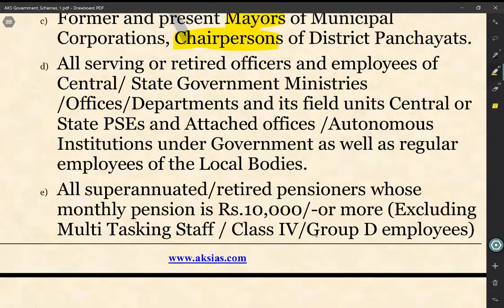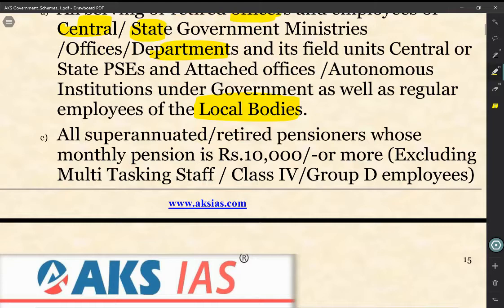Also, all serving or retired officers and employees of the central and state governments, as well as departments and their field units and state public sector enterprises of the various governments or local bodies, are also excluded from this scheme. Also, all retired pensioners whose monthly pension is rupees 10,000 or more are excluded. However, multitasking staff or class 4 or group D employees are not excluded.